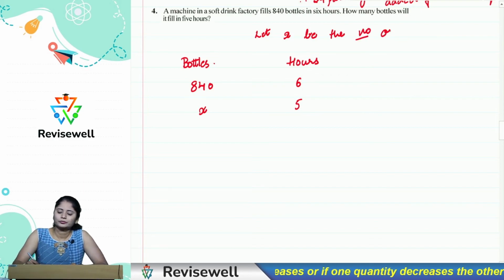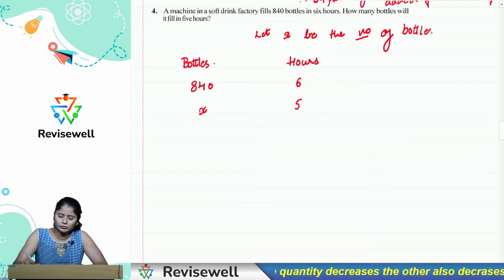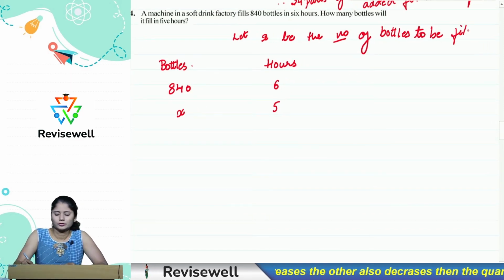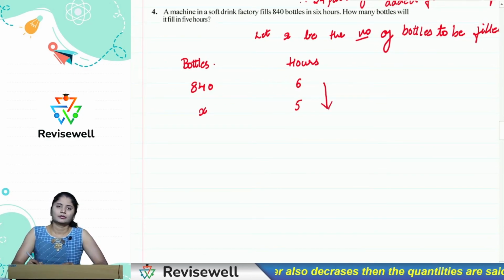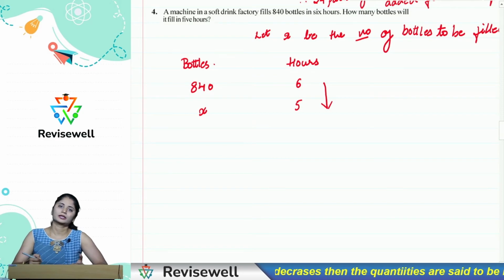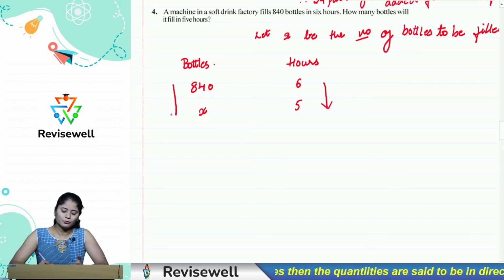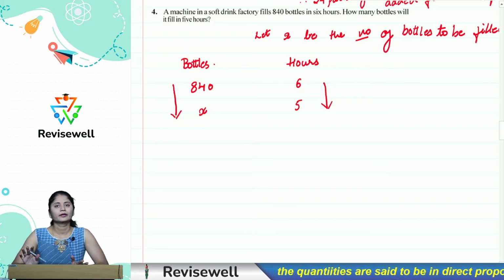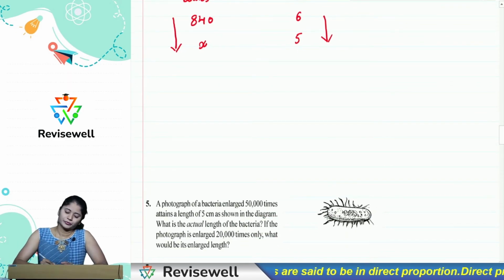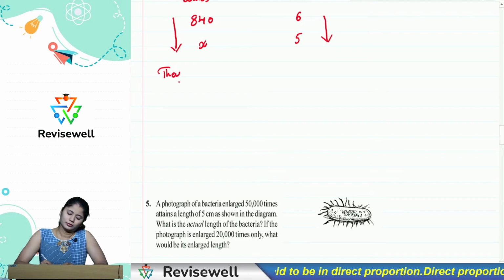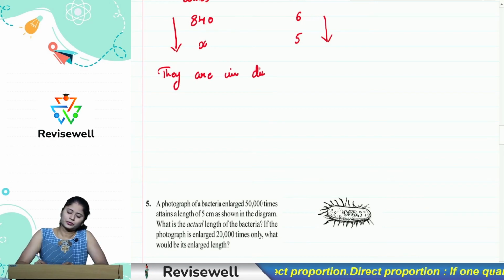Since one quantity is decreasing, that is the number of hours, automatically the number of bottles to be filled will also be decreased. That means they are in direct proportion.